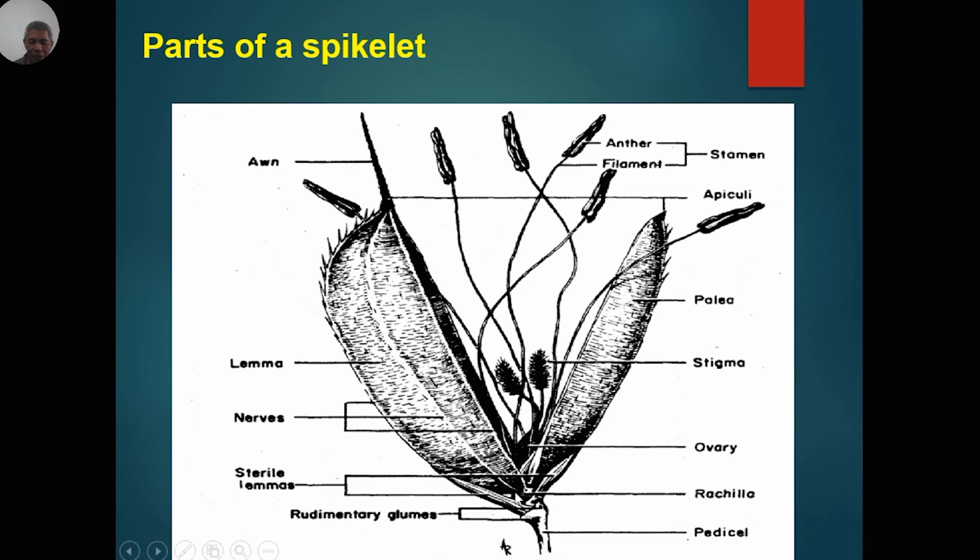The sterile lemmas are actually white in color, and can be found at the base of the lemma and palea. And if this is compared to other plants, to me, I consider this as the sepals.